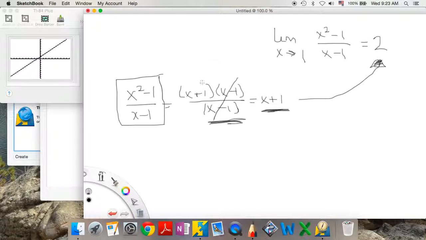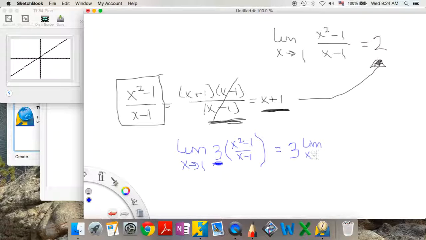For example, with this one, let's say we change this up and we say the limit as x goes to 1 of 3 times this. Well, if we look over in our book to rule number 4, the constant multiple rule, we see that we can have this constant here, and it is going to come out front.